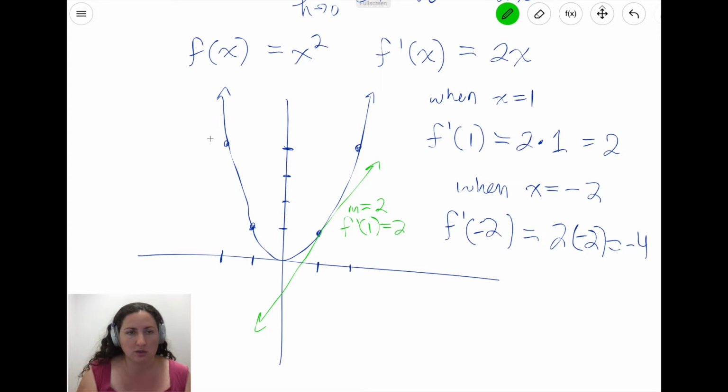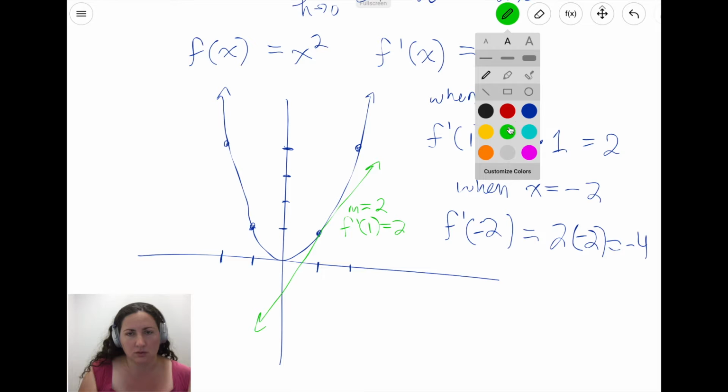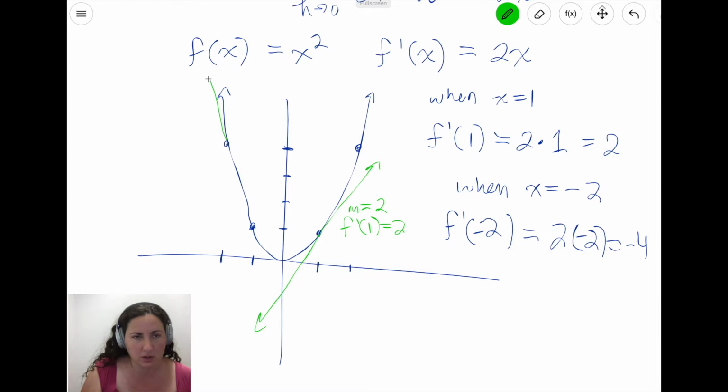Let's do the same for this value here. When x equals negative 2, I'll also go ahead and draw in the tangent line there. So what the derivative tells us is that the slope of this line is negative 4. f prime of negative 2 equals negative 4.